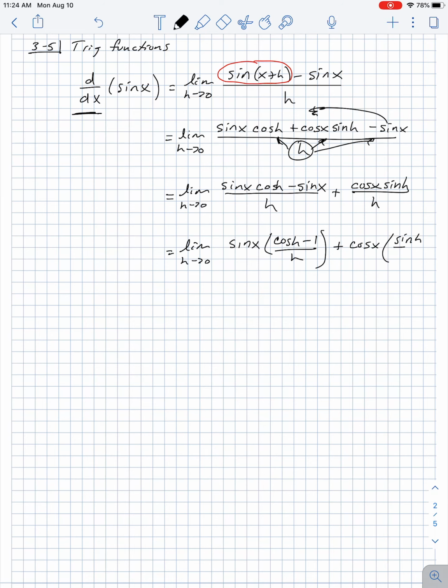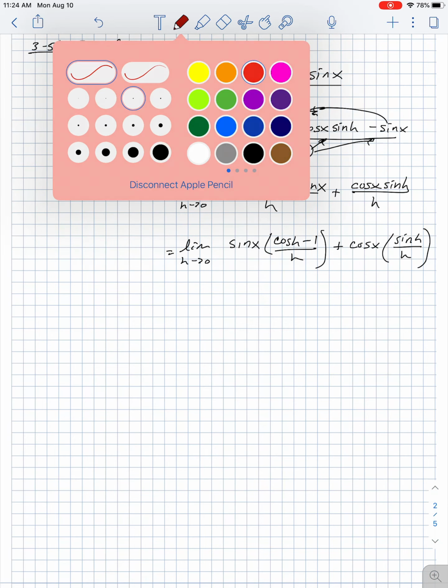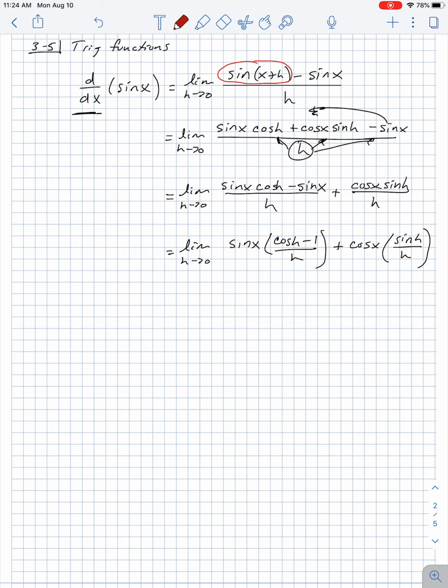The reason is, I don't know if you remember that I wrote this in the limits section a little while ago and said these are limits that you should memorize. We had this one, and we had this one. I told you these are good to memorize.